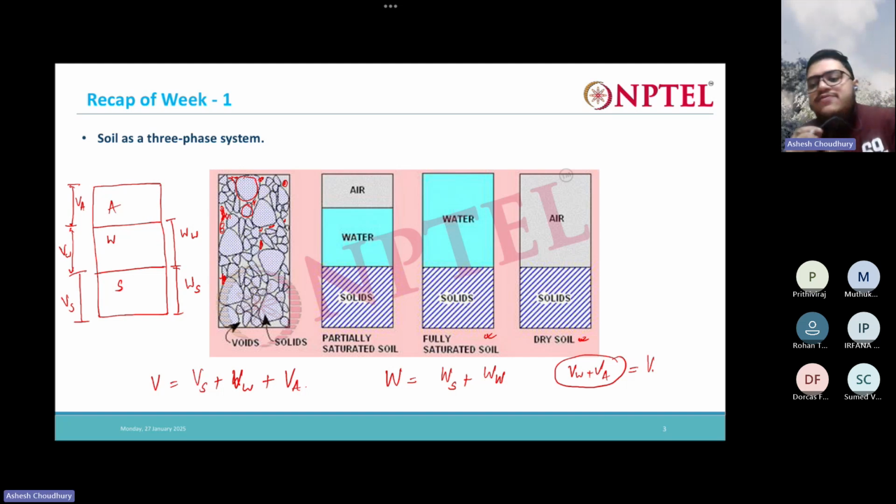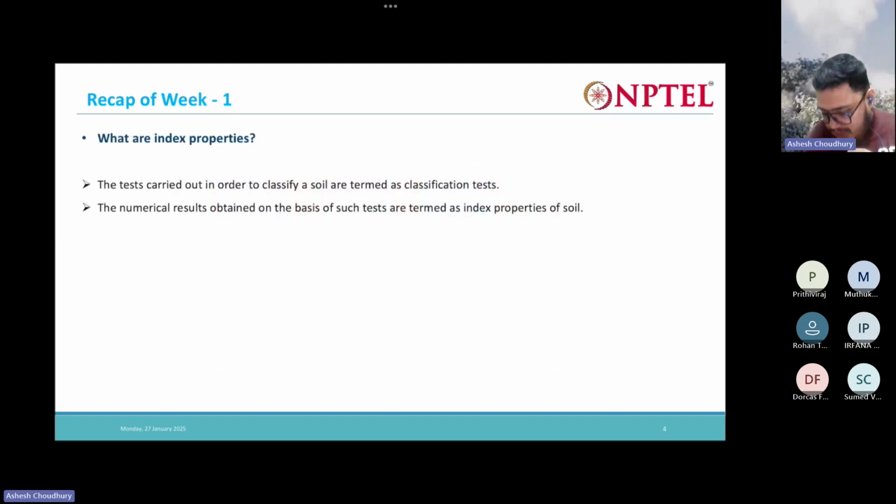Now, defining these volumes and weights is important because we need to define some basic properties known as index properties based upon these quantities. So what are index properties? There are some tests which we do to classify a soil. These are known as classification tests.